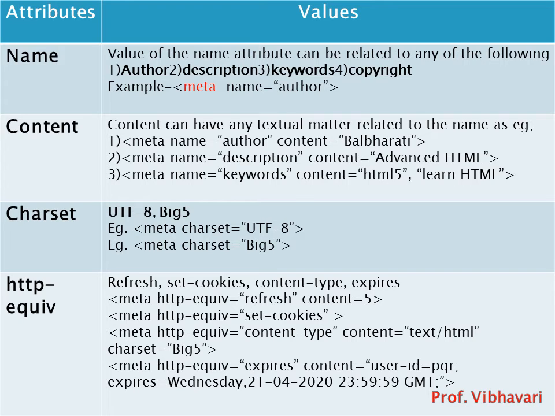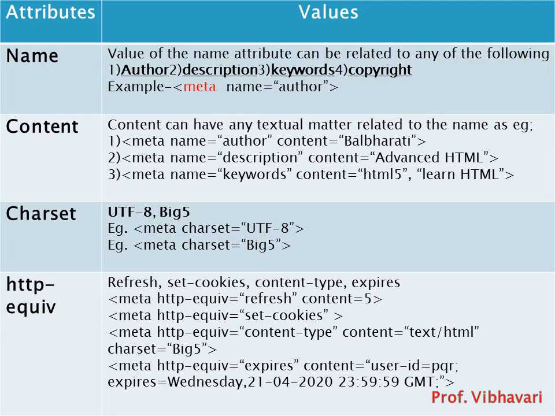Then the next attribute of the meta tag is the character set. For that there are only 2 types of formats. The first one is UTF-8 and the second one is Big5. If we write the meta charset, what does that mean?